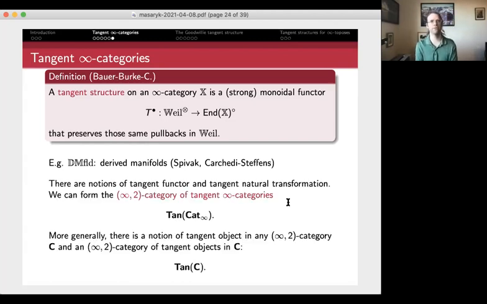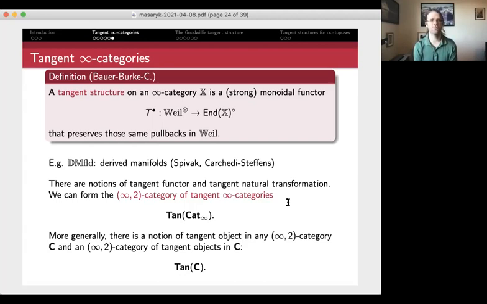Maybe I'll just point out that we defined tangent infinity categories, but we also have defined tangent functors and tangent natural transformations. And in general, there is an infinity 2 category of tangent infinity categories. And then even more generally, the same definition that you see at the top here really extends to a notion of tangent object in any infinity 2 category C. Just briefly to explain that, an infinity 2 category is a world in which it's essentially enriched over infinity 1 categories, or infinity categories.